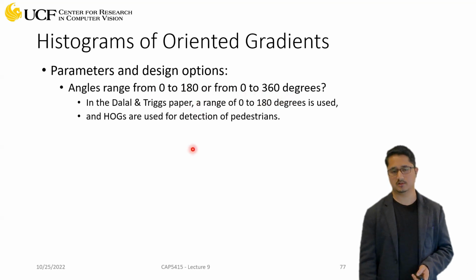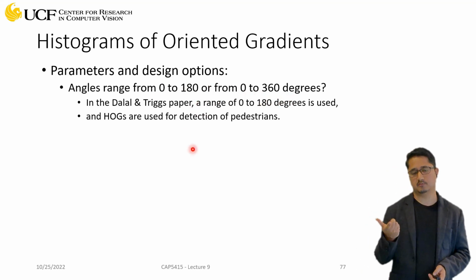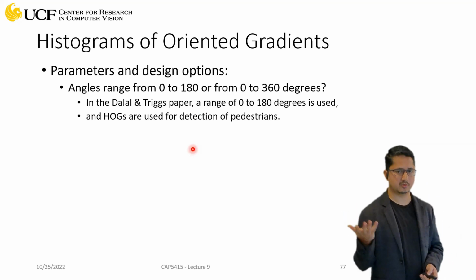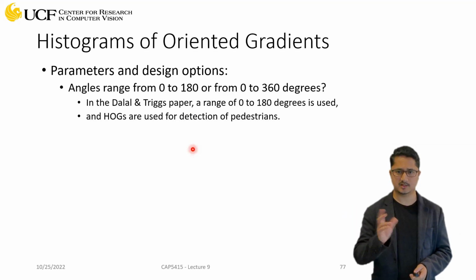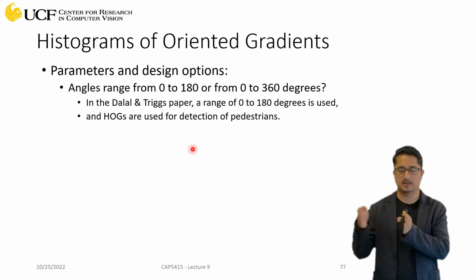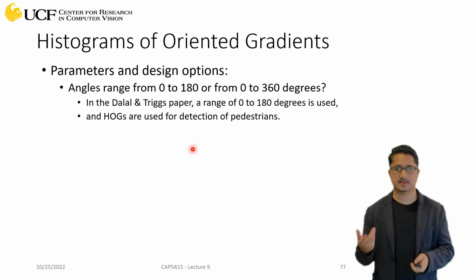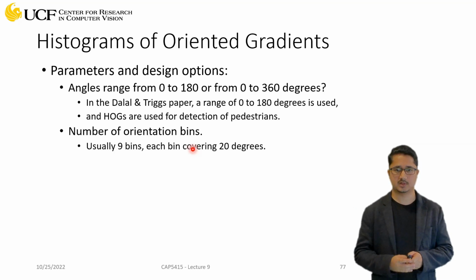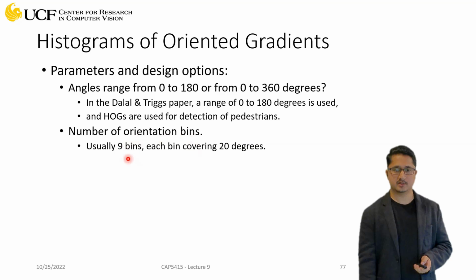So you can create bins of, say, 10 degrees, or 30 degrees, or 40 degrees, right? That's one parameter that controls the size of the histogram, and that will control the size of the feature at the end. If you're using 9 bins, which is usually the case, then each bin will cover 20 degrees.